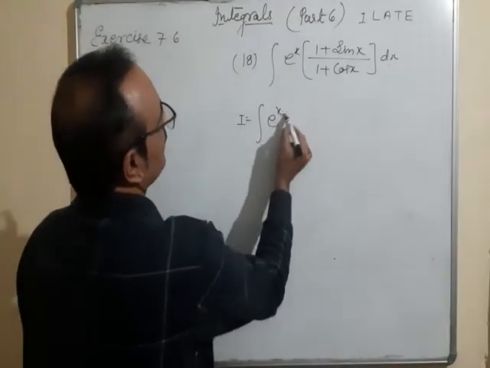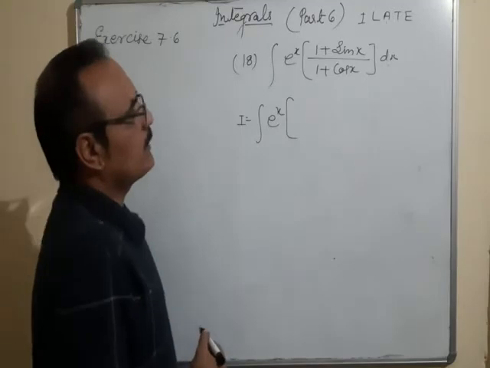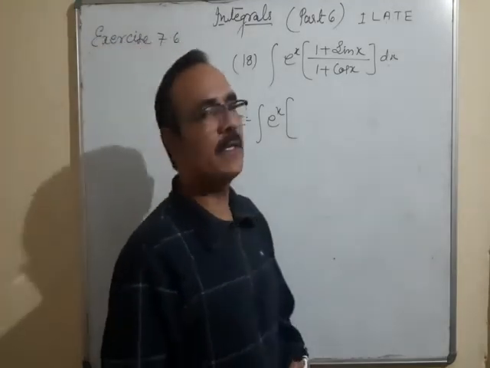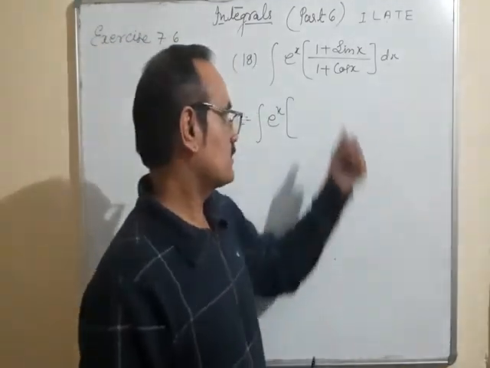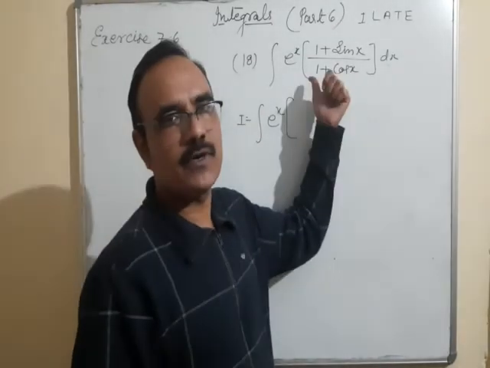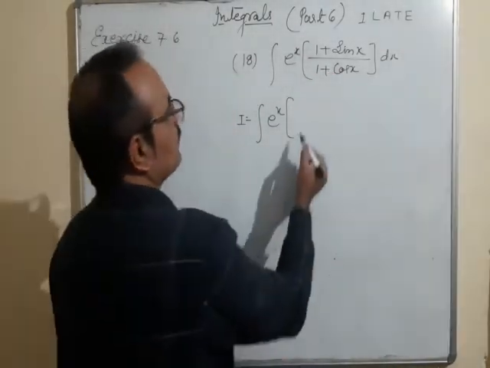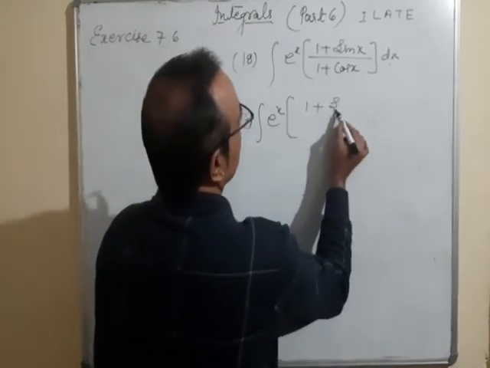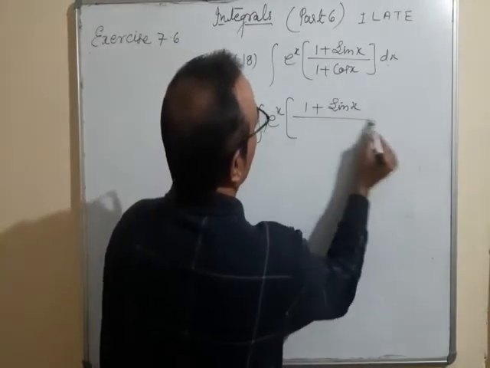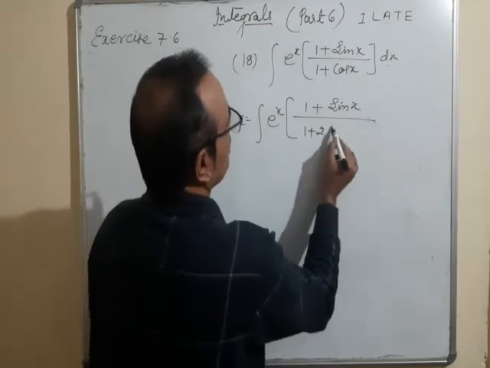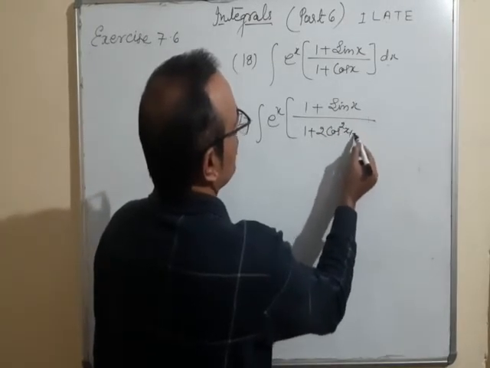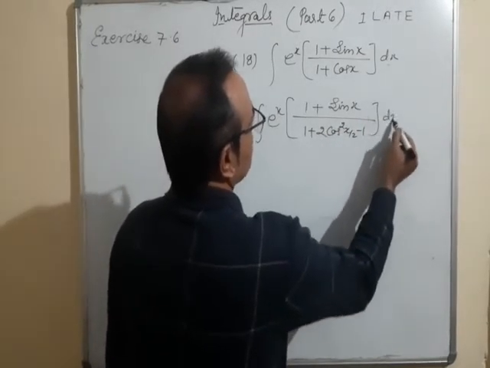e to the power x, (1 plus sin x) upon (1 plus cos x). With the cos x, I think it's very easy for us to delete this 1 from the denominator. So I am doing it: 1 plus sin x upon 1 plus 2 cos square x by 2 minus 1, dx.